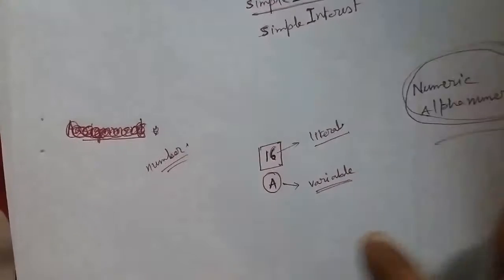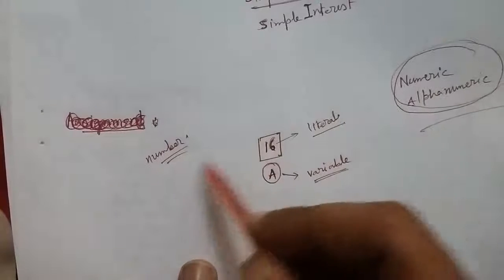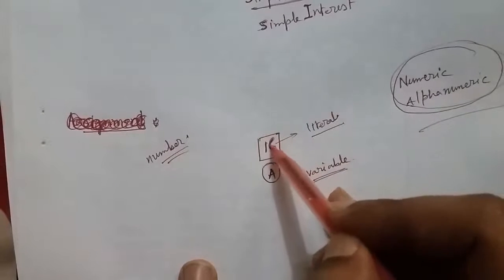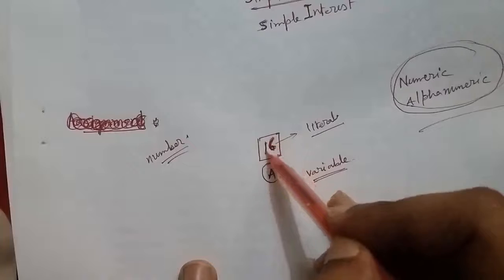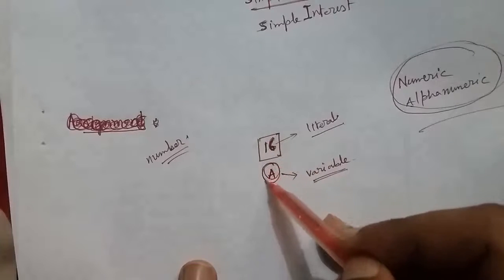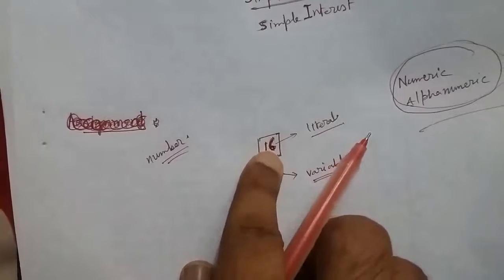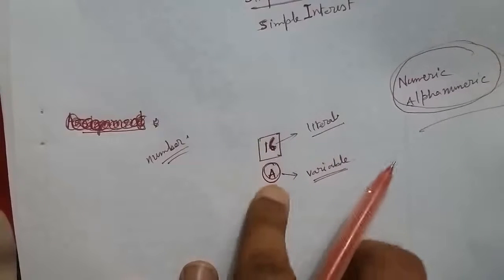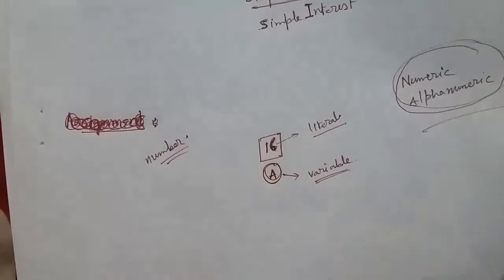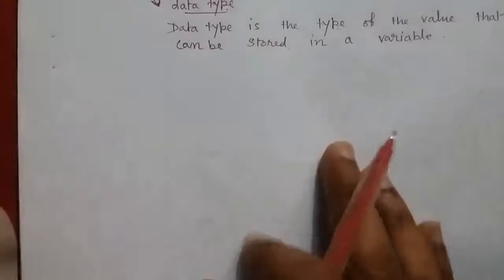So what is the type of the value here? 16 is a number, so the data type of this a must be number. Then only it will be able to store the value 16. If the data type of a is not a number, then it will not be able to store 16. So a data type chart I can show here.